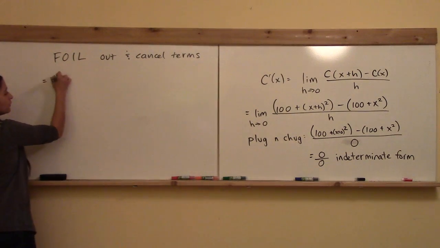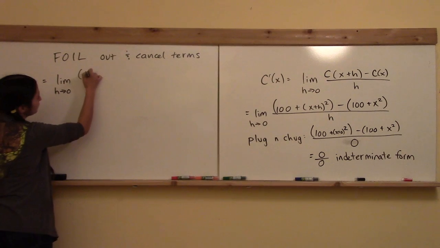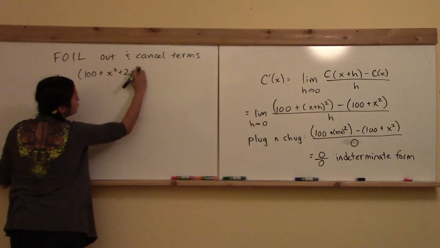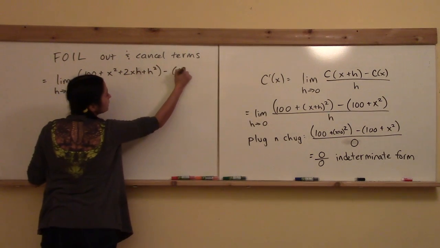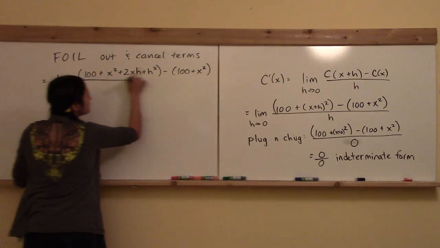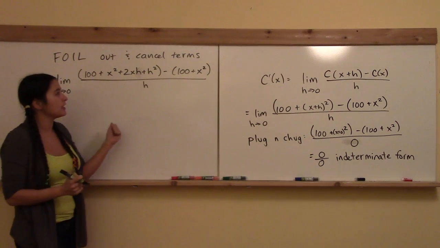Alright, and so instead of that, I'm going to write the limit as h tends towards 0 of 100 plus x squared plus 2xh plus h squared, and that's minus 100 minus x squared, and that's still all divided by h. You know what I would really hope to get out of this?